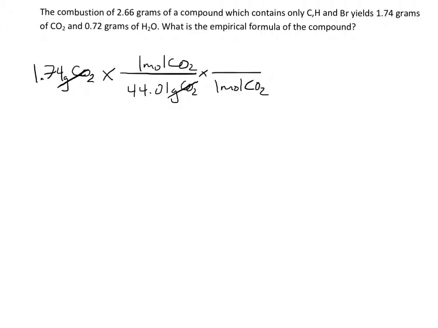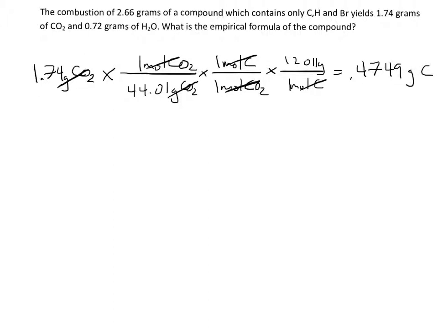Since we're only concerned with the carbon, we write on top 1 mole of carbon, because there's 1 mole of carbon for every 1 mole of carbon dioxide. The last step is to convert those moles of carbon into grams of carbon. That shows us the original sample had 0.4749 grams of carbon in it.